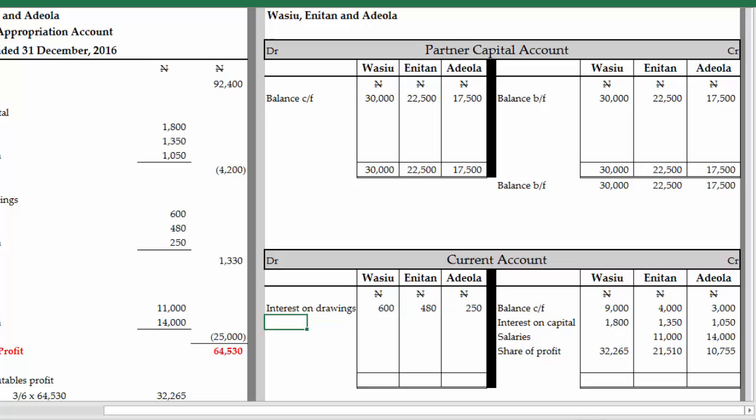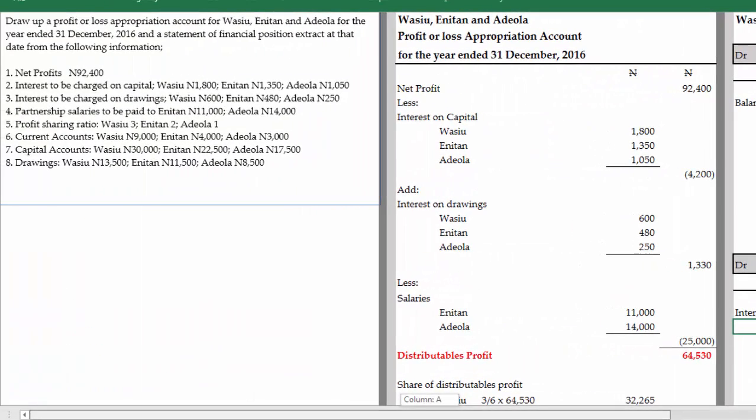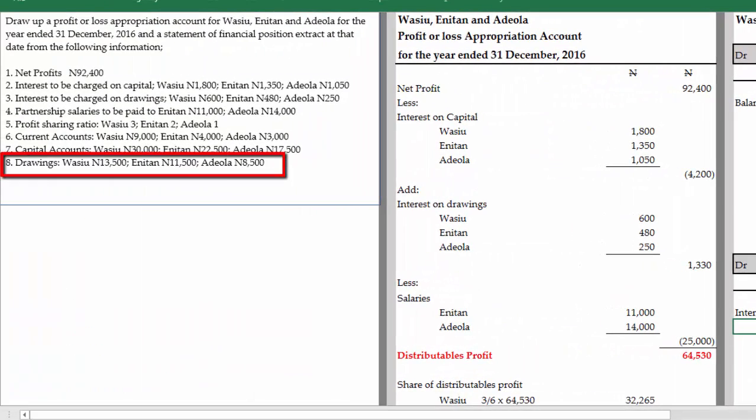Okay. The final item, which will be gotten from the question, is drawings. Wasiu withdrew 13,500, Enitan 11,500, Adiola 8,500. This will be on the debit in the current account because the double entry is when a partner makes drawings, we are giving the partner money, so we credit cash or bank, and we debit his current account because the partner is withdrawing from his own capital.